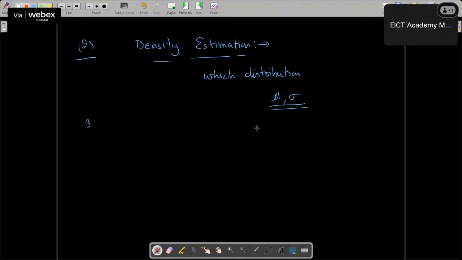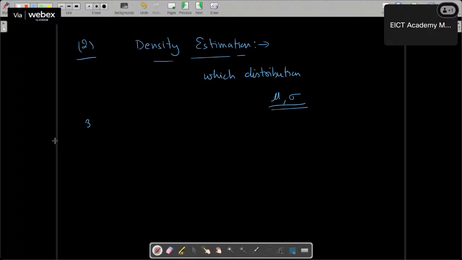So we have extra information about the data, and we can generate new data points. So it's a generative model, like ChatGPT. Hope you understand a little about density estimation. We will see it in more detail when we discuss the core intuition of GMM.